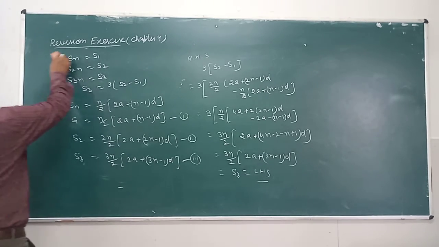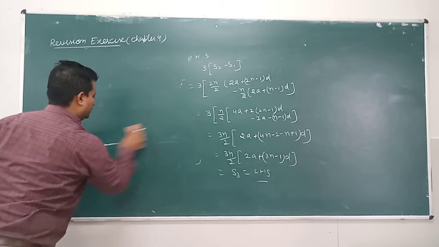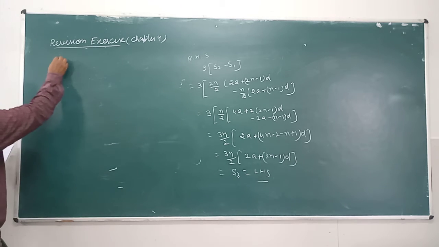In question number 4, the statement is find the sum of all numbers between 200 and 400 which are divisible by 7.